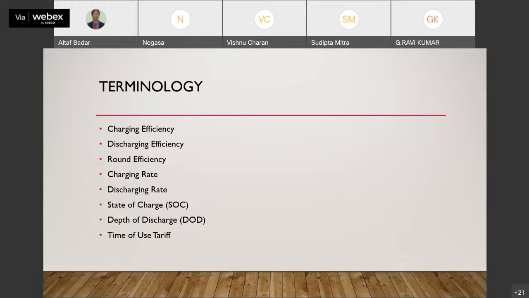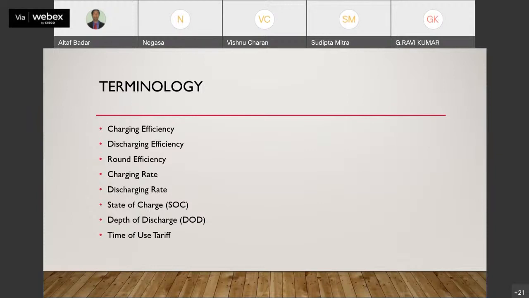Then you have state of charge also. I believe whoever has studied batteries should know about this. State of charge gives me the percentage of charge available in comparison to the total charge that can be stored. If the capacity of the battery is 100 kilowatt and right now it is charged with 50 kilowatt, we'll say the state of charge is 0.5.